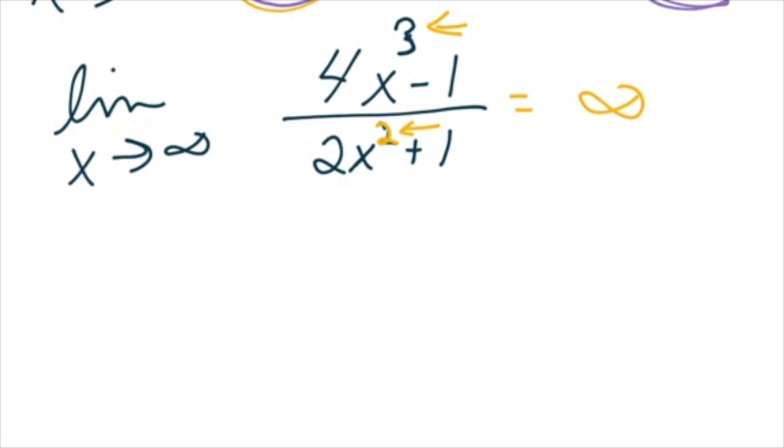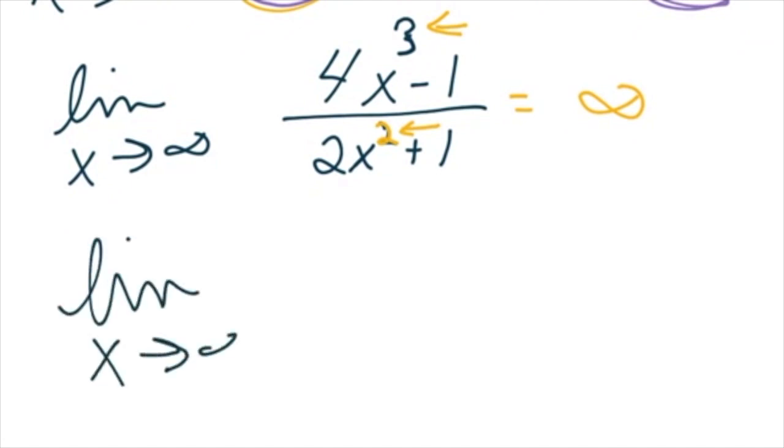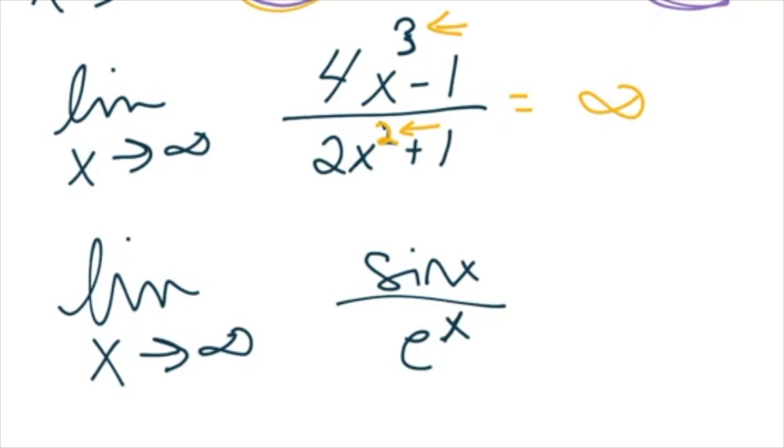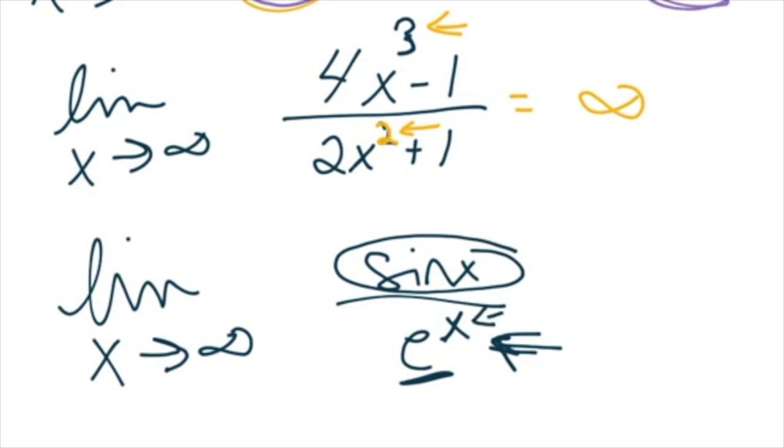And sometimes, us calc teachers, you know how we are. We like to ask, as x is going to infinity, the limit of, let's say, sine x over e to the x. Well, remember, sine x is on lockdown between -1 and 1. And as x is going to infinity, the denominator is the one that's winning here, because you're taking e and raising it to a huge power, which makes a little number over a very big number, which of course makes 0.